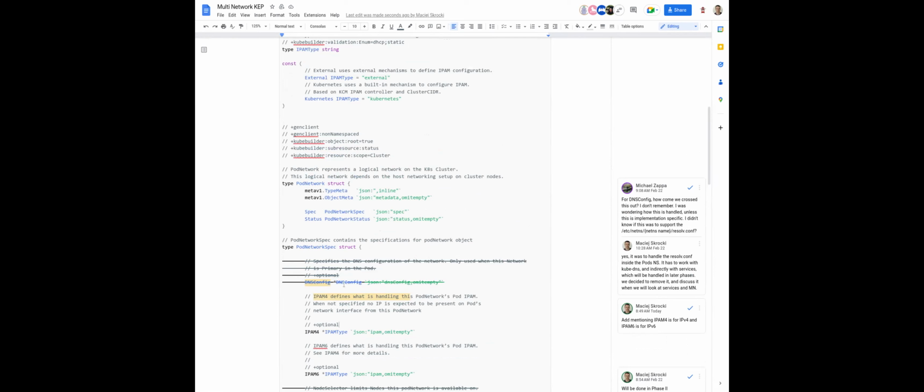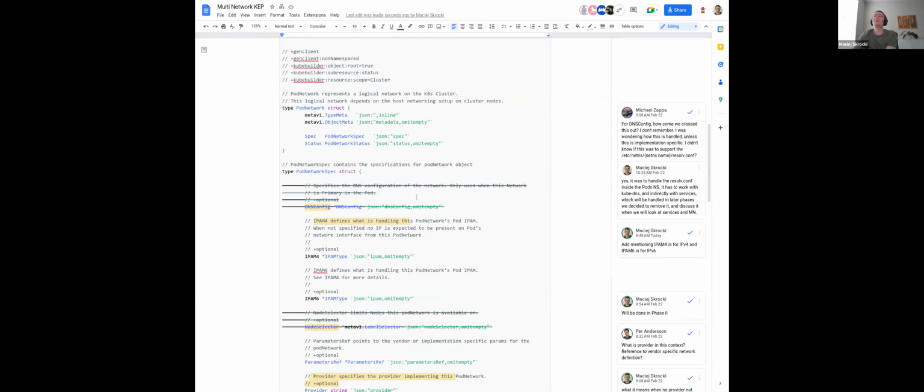Both are using the same IPAM to allocate two different IPs. No, that's what I'm saying, this will be expanded. Today, yes, it just uses the default one. That's where I'm hoping this KEP will change things and allow us to configure IPAM per pod network. Got it. Are there any discussions happening on this as well? Yes, as we get there.